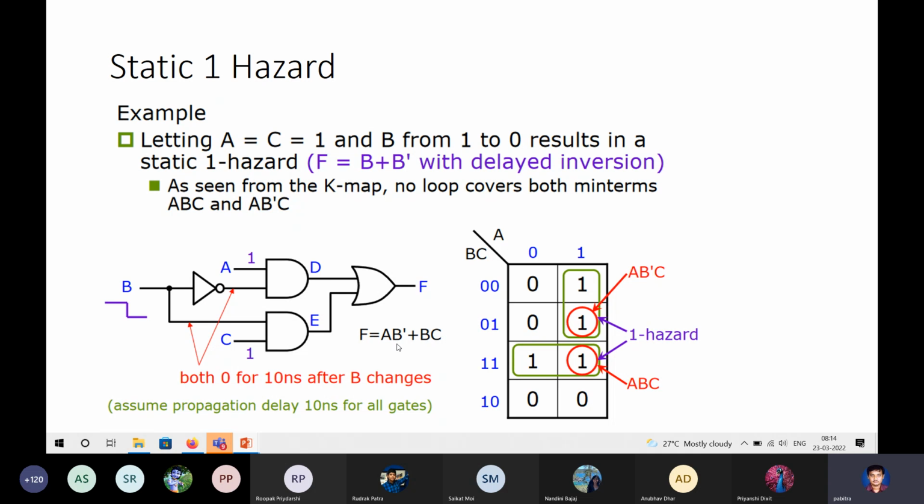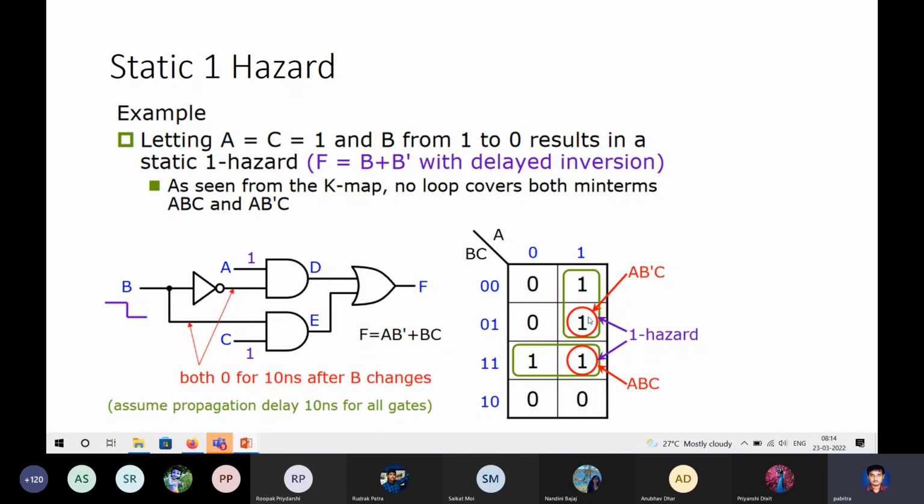And after the transition, AB prime becomes 0, BC prime becomes 1. This will cause a glitch. But if throughout the transition AB prime stays 1, then there is no glitch. So we'll look at transitions from one 1 cell to another 1 cell which are in different cubes.